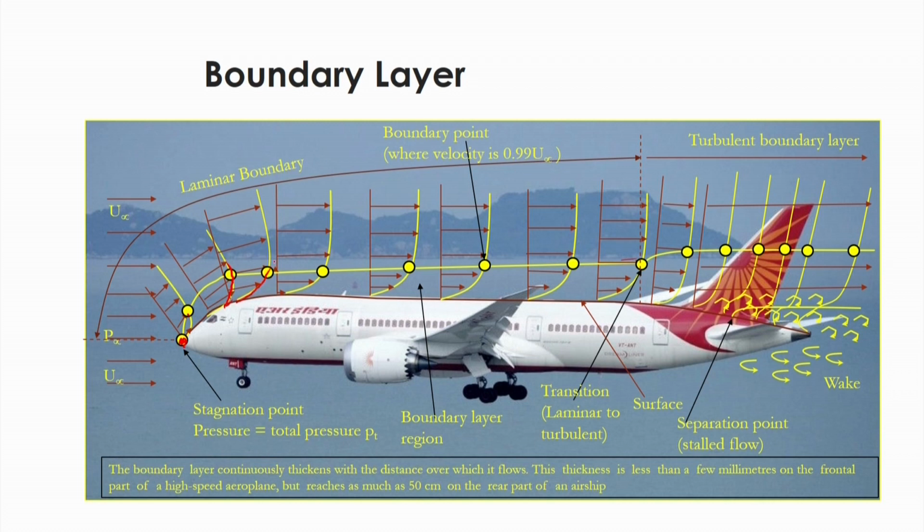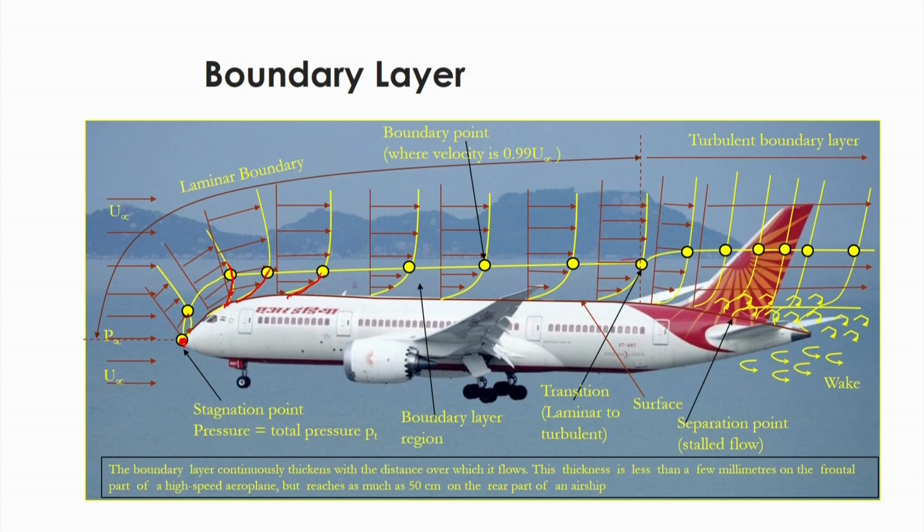So, at each point there will be a velocity change in such a way that the velocity reaches the free stream velocity, and there the gradient is nullified. The velocity changes up to the free stream velocity, where the velocity gradient will be 0.